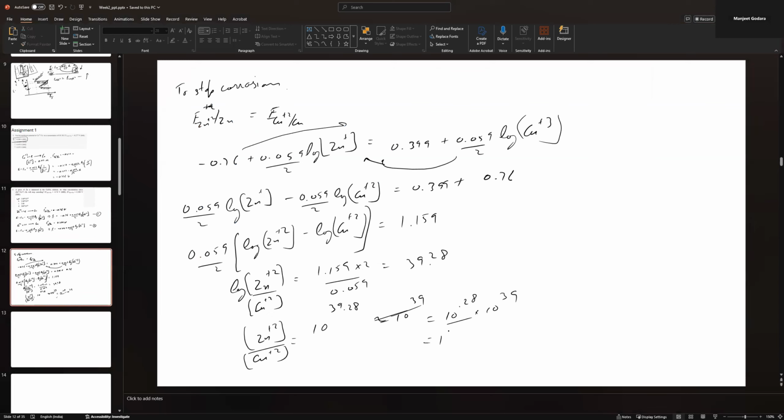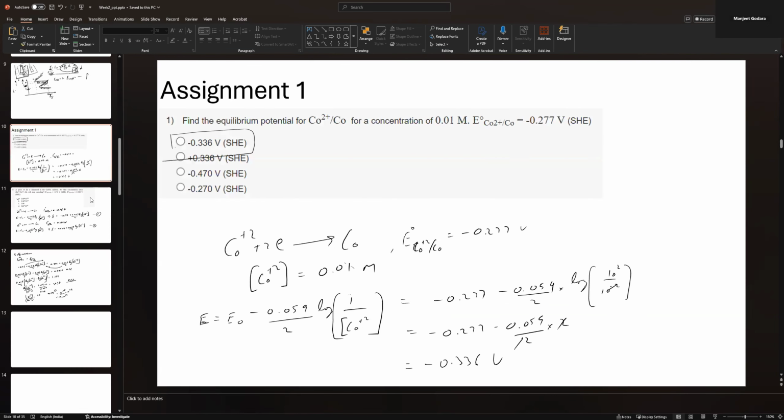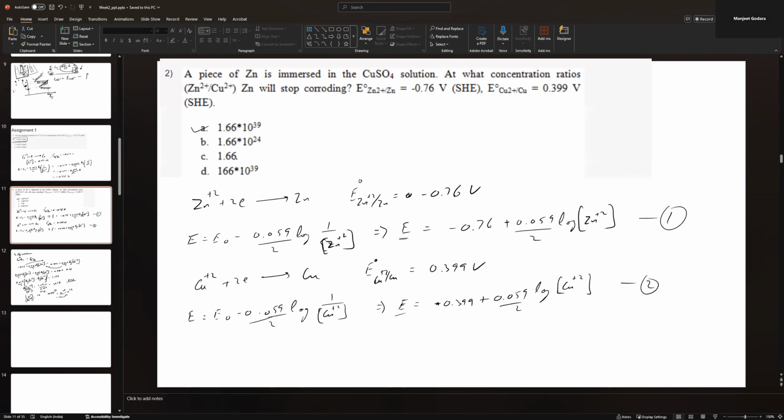So this is approximately 1.9 into 10 to power 39. I think in the solution there is a slight difference. If you take 39.22, you'll get 1.66 under A.